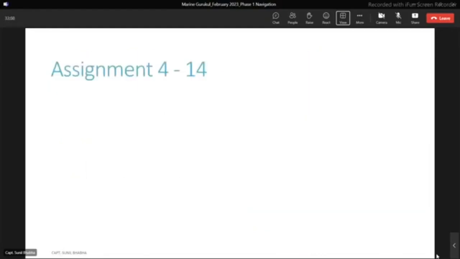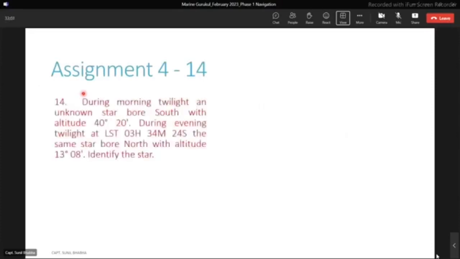Let's now go into our first question based on the rational horizon diagram. The question says, during morning twilight, an unknown star bore south with an altitude of 40 degrees 20 minutes.